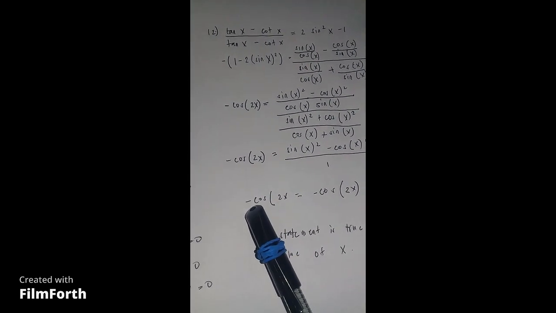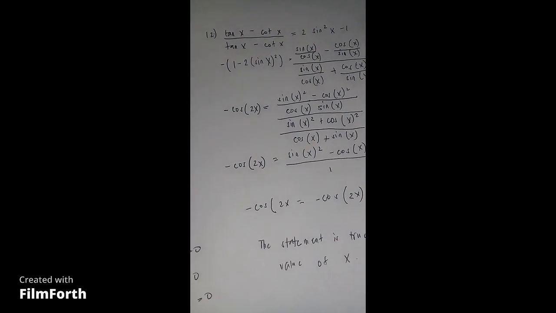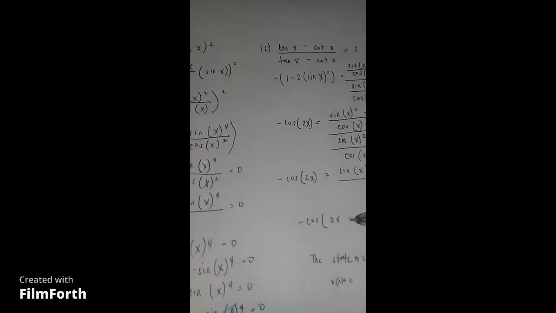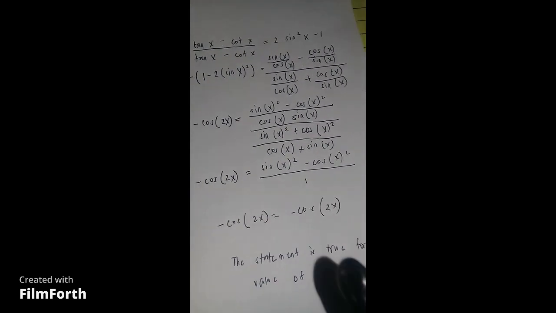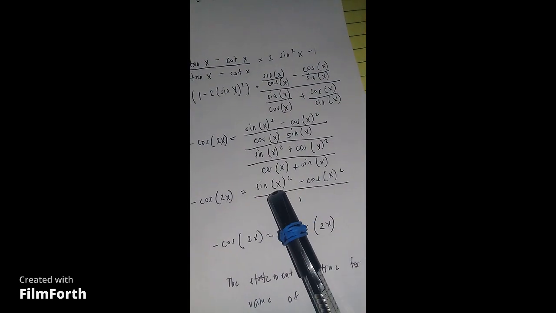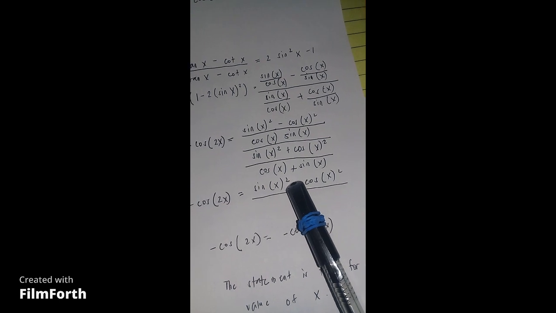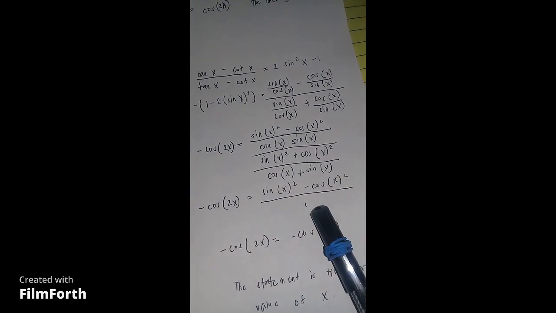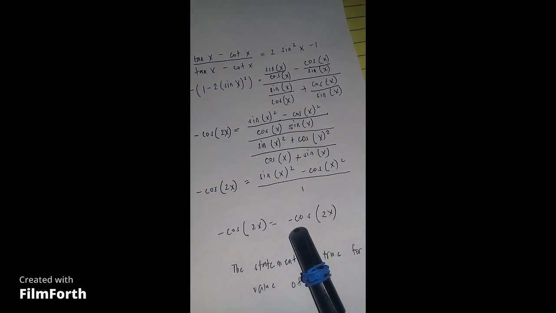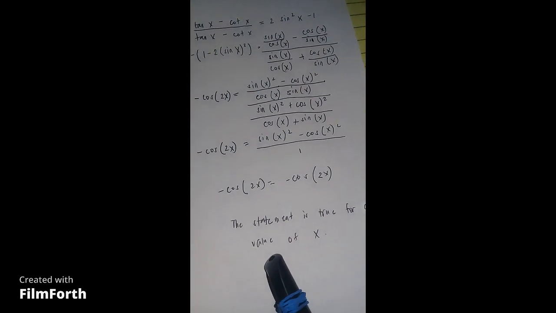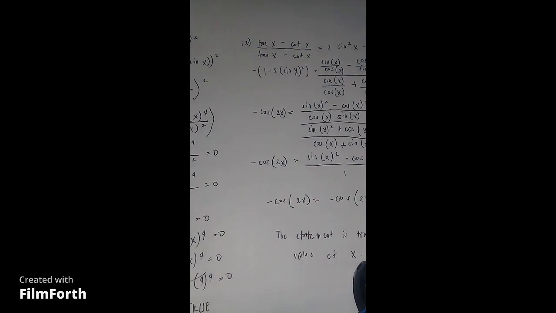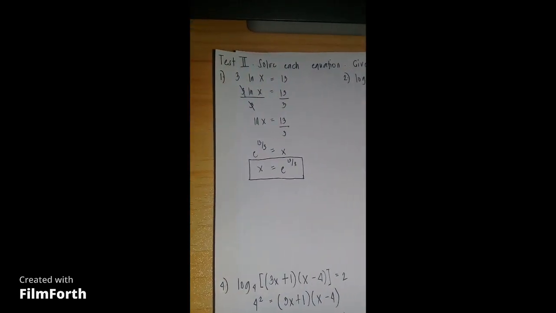So copy the negative cos of the quantity 2x, and then solve: sine x squared minus cos x squared divided by 1 is equal to negative cos 2x. So the statement is true for any value of x. So let's go to test 2.